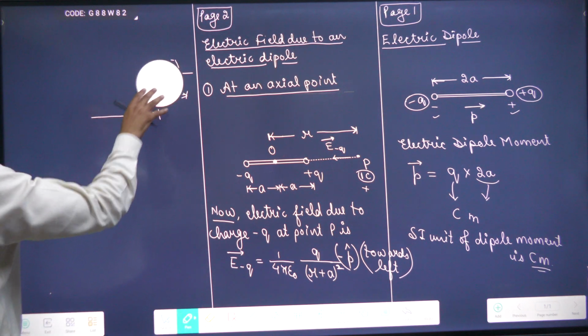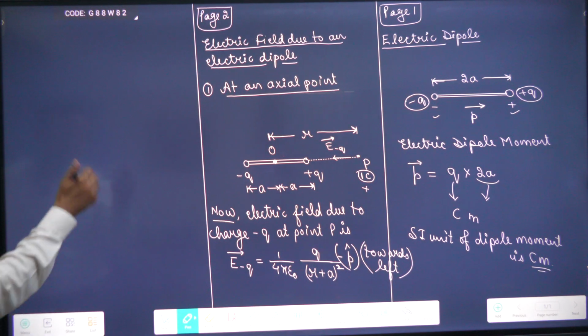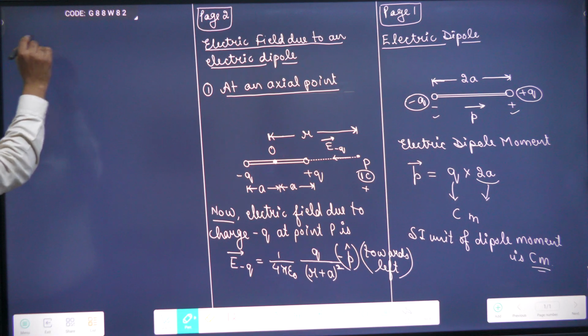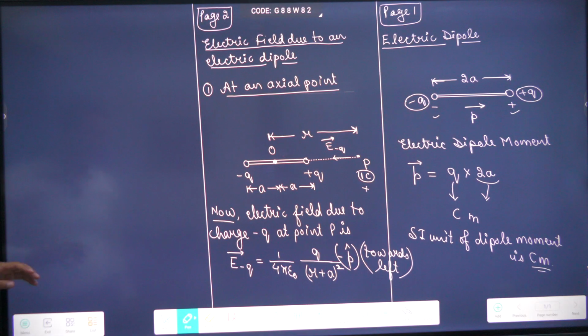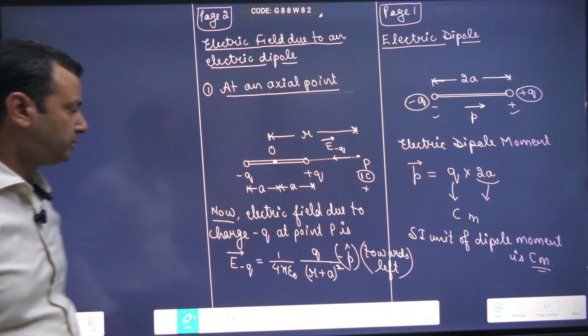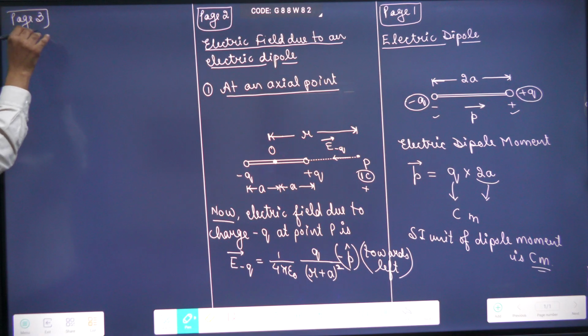Now, similarly, we will find the electric field due to this positive charge plus Q, E plus Q vector.